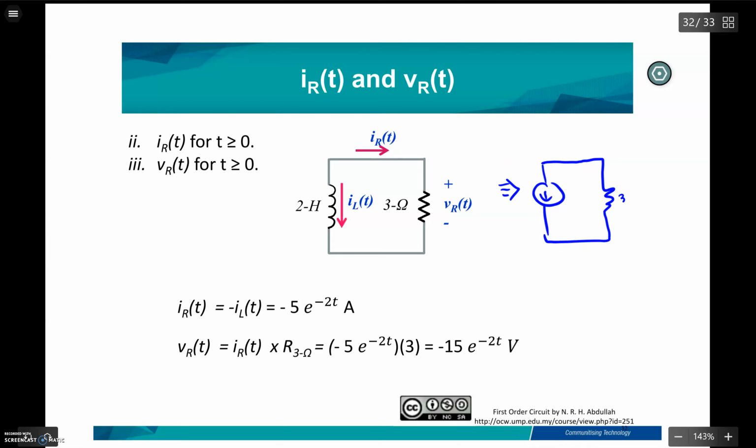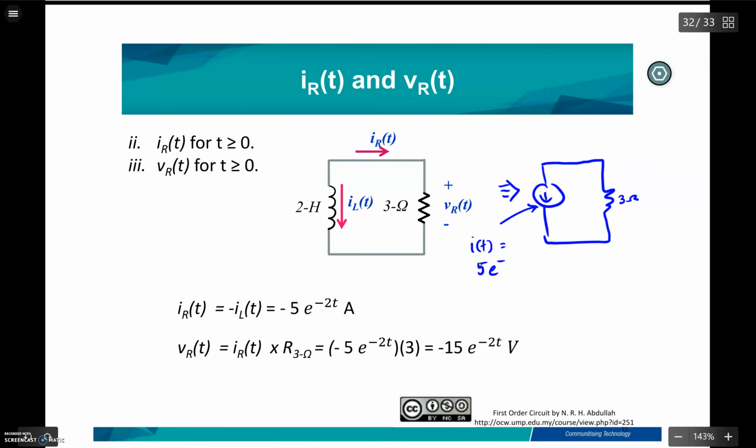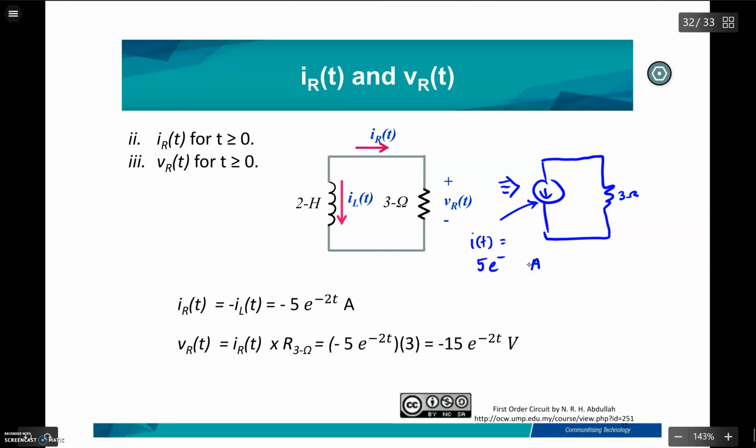So you can see that there is 3 ohms, and this is i with the value of i(t) equal to 5 e to the power of minus t over 2, I think. Sorry, minus 2t. So you can see that i(t) flows through the 3 ohm resistor. So this is the vR(t).